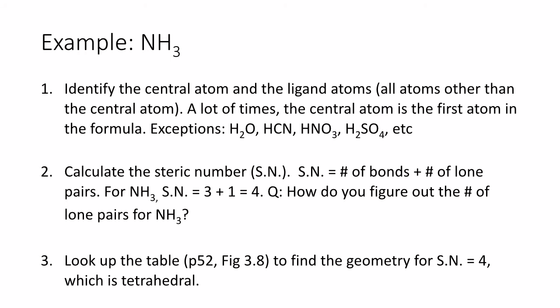Okay. And the result is that the lone pair will push the 3 bonding pairs a bit away from itself. So you will still have a roughly tetrahedral structure, but the 3 hydrogen atoms will be a little bit closer to each other than ideal tetrahedral structure would allow.